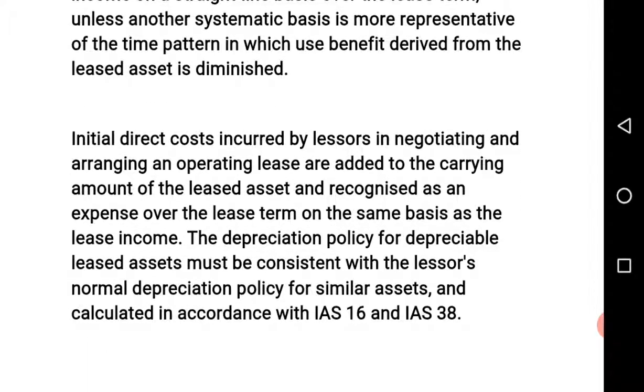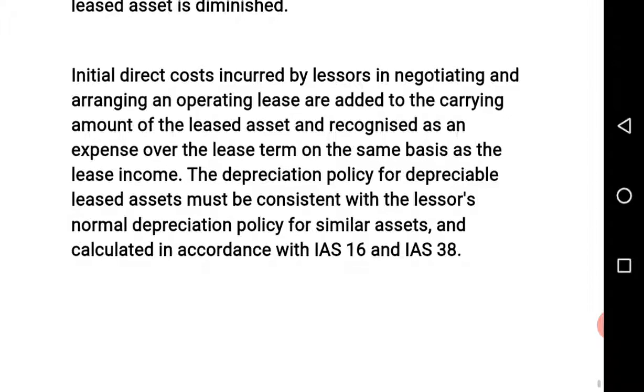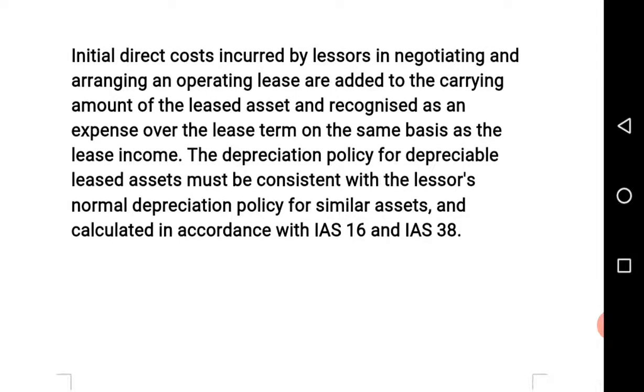Initial direct costs incurred by the lessor in negotiating and arranging an operating lease are added to the carrying amount of the leased asset and recognized as an expense over the lease term on the same basis as the lease income. The depreciation policy for depreciable leased assets must be consistent with the lessor's normal depreciation policy for similar assets and calculated in accordance with IAS 16 and IAS 38.